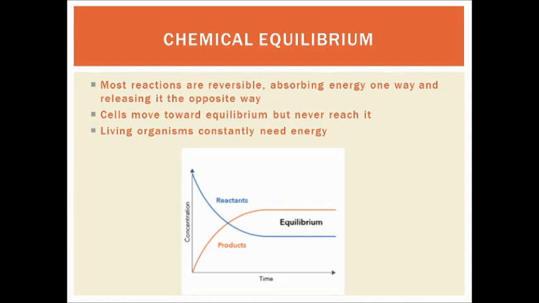We're constantly requiring energy. We can transfer energy into our surroundings. We're open systems. Another example of an open system is a stovetop. So if you have a stovetop that's on, it's releasing heat energy into the environment. So closed systems can move toward equilibrium much easier than open systems can.